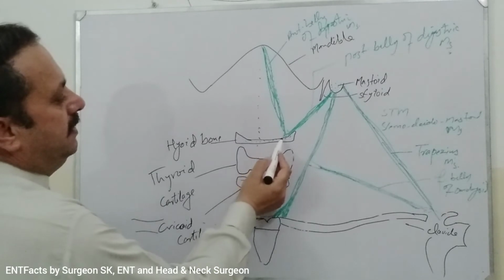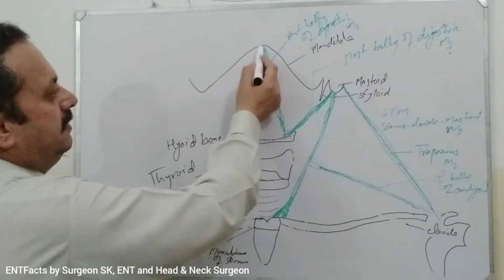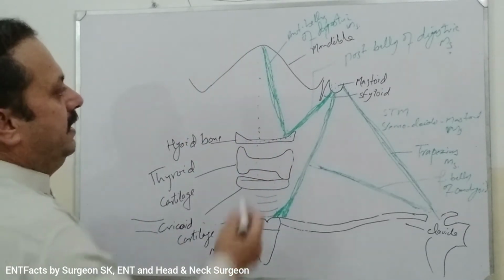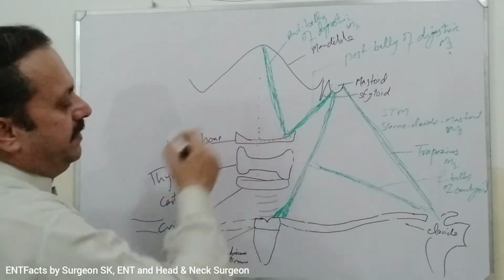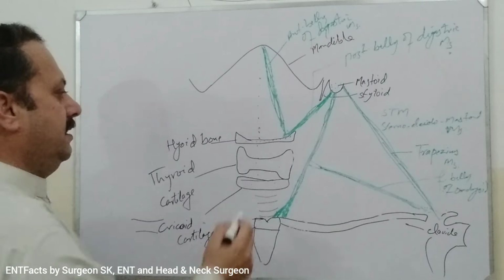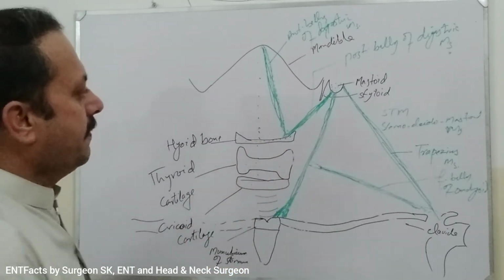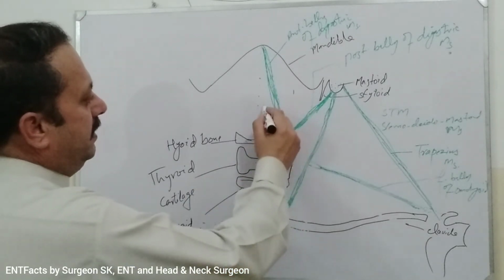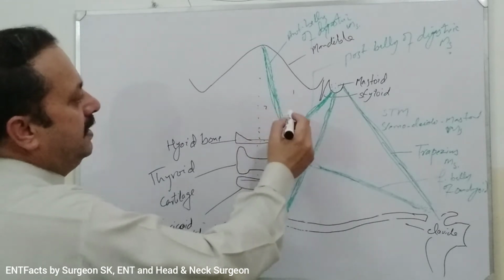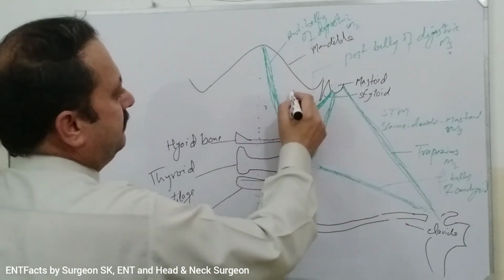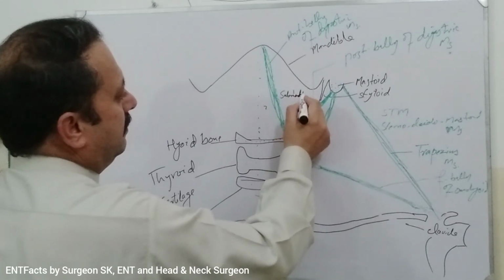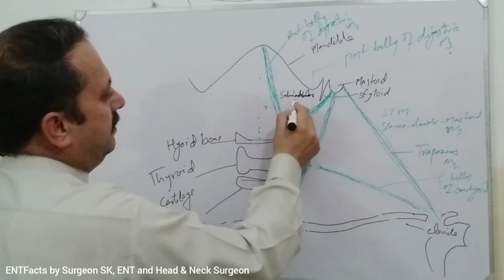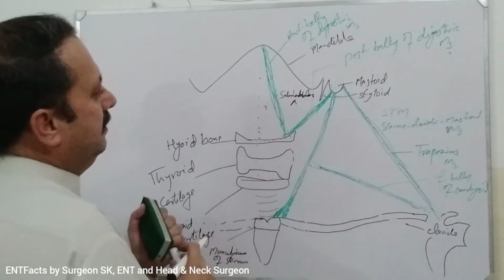Here, another triangle, the base is on the hyoid, apex is the chin. Here, medially it's formed by midline and laterally by the anterior border of the anterior belly of digastric muscle, and base by the hyoid bone. Now, there are the two triangles, 1 and 2. This triangle is called the submandibular triangle.